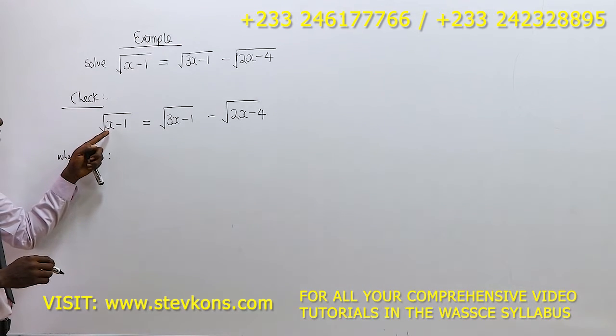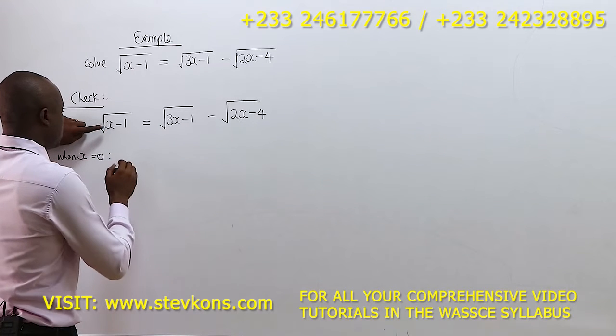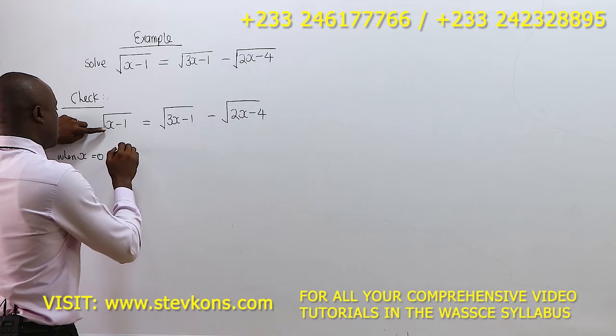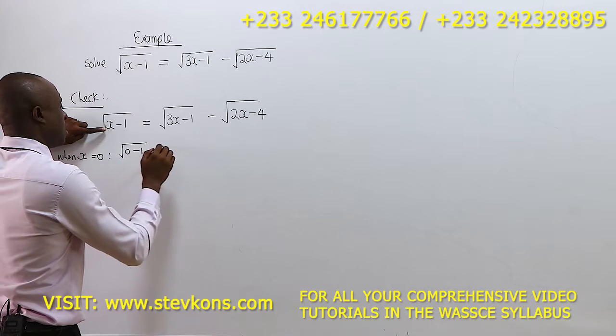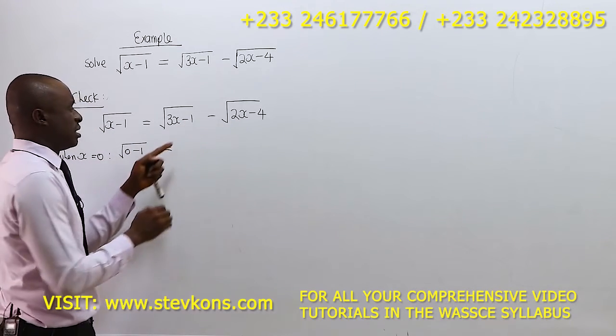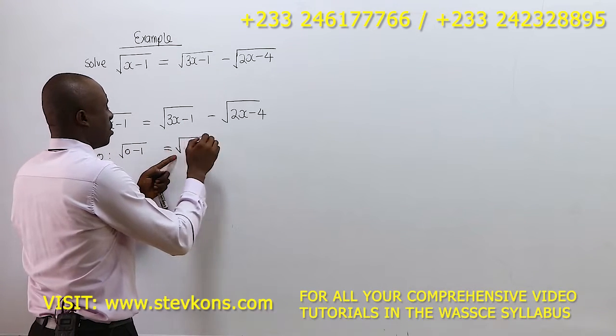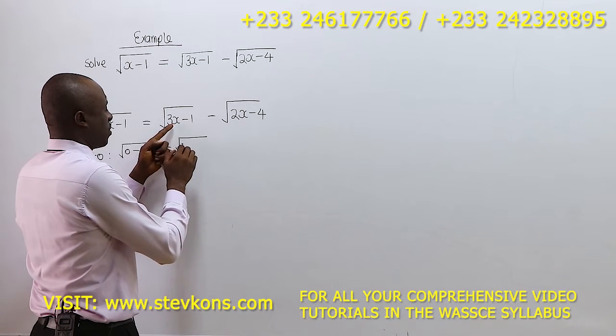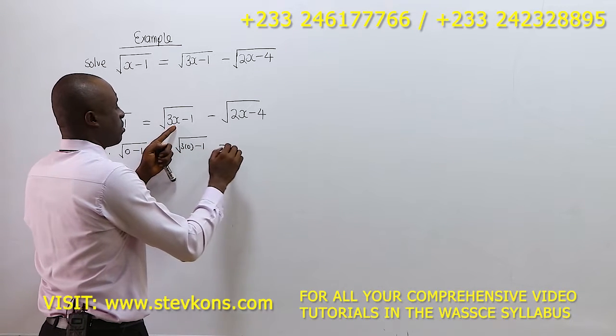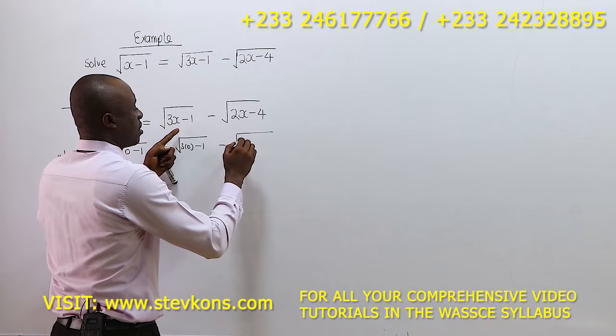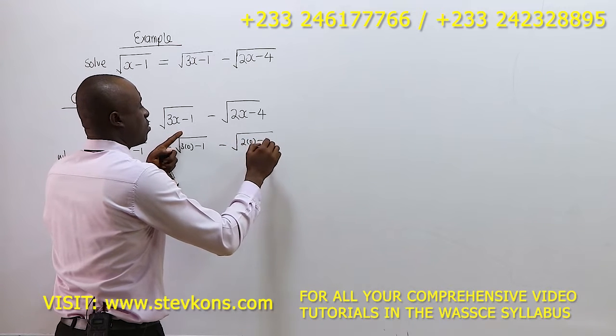Now, on the left hand side, when x is 0, you have 0 minus 1. Let's see this one. What do you have here? You see 3 times 0. So you have 3 times 0 minus 1 minus, this one is giving us 2 times 0 minus 4.